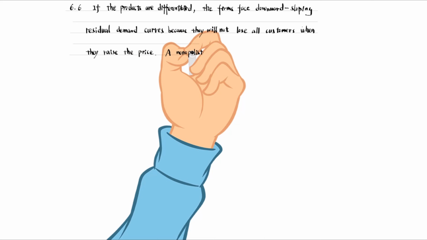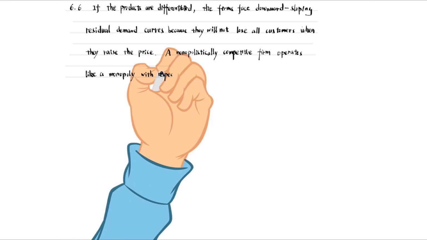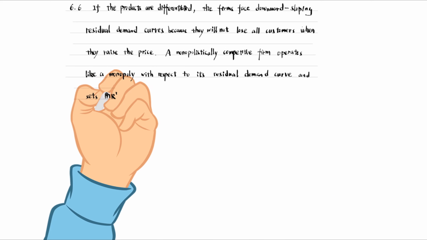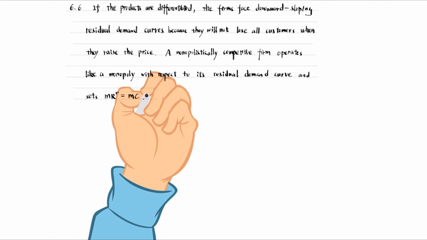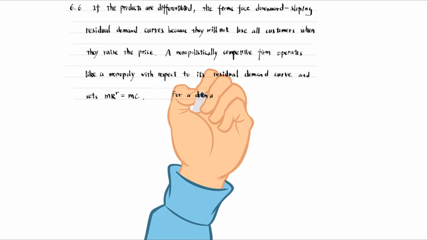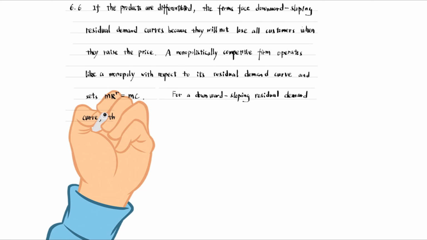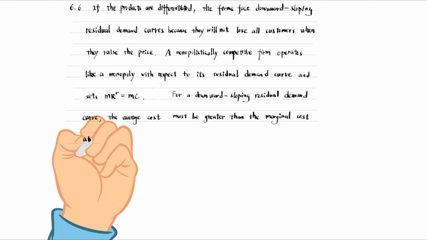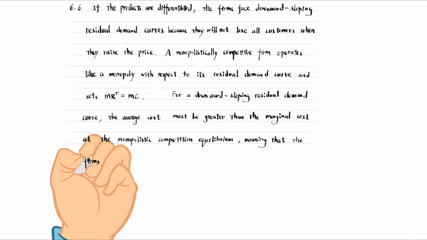A monopolistically competitive firm operates like a monopoly with respect to its residual demand curve and sets the marginal revenue corresponding to the residual demand equal to the marginal cost. For a downward sloping residual demand curve, the average cost must be greater than the marginal cost at the monopolistic competition equilibrium, meaning that the firms operate at less than full capacity.